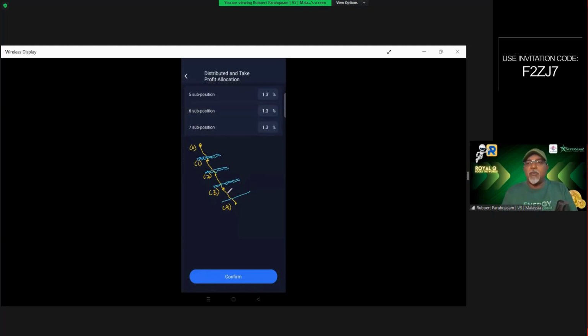Suppose the market continues to go down. Now this is layer 5. It triggers layer 5.